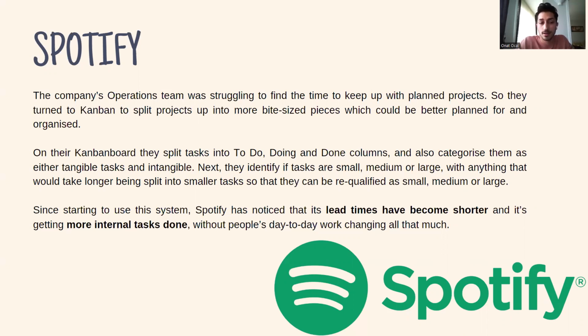Since starting to use this system, Spotify has noticed that its lead time has become shorter and it's getting more internal tasks done without people's day-to-day work changing all that much.